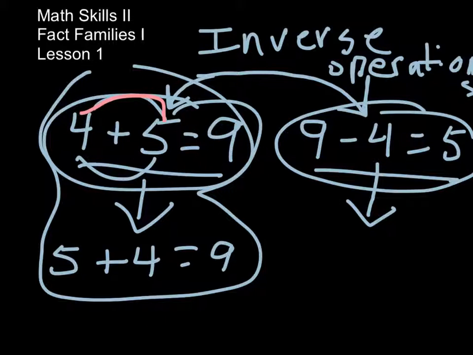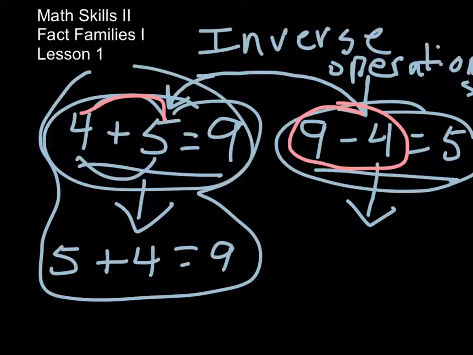Now let's take a look at this subtraction one over here. How could I switch some digits around to make another subtraction problem? Well, I can't just simply switch these two digits around because there's not a commutative property for subtraction, because in subtraction order does make a difference. But I can modify this a little bit and make another subtraction problem.